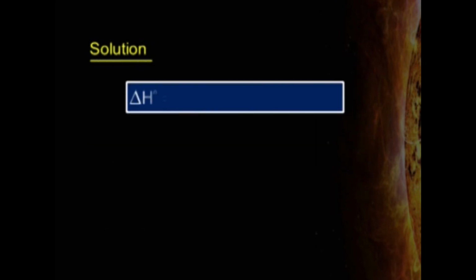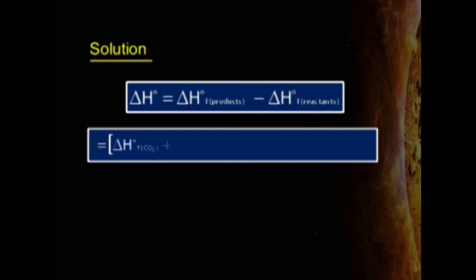As you know, delta H naught of the reaction is equal to delta H naught of products minus delta H naught of the reactants. Therefore, delta H naught of reaction will be equal to delta H naught formation of carbon dioxide plus 2 into delta H naught formation of H2O, minus delta H naught formation of CH4 plus 2 into delta H naught formation of oxygen.